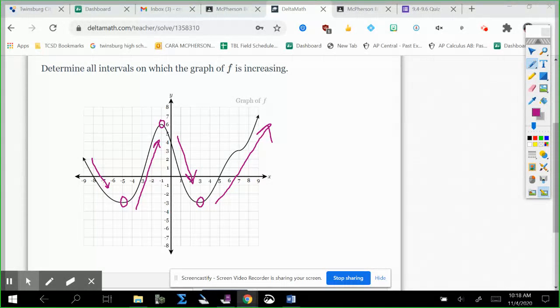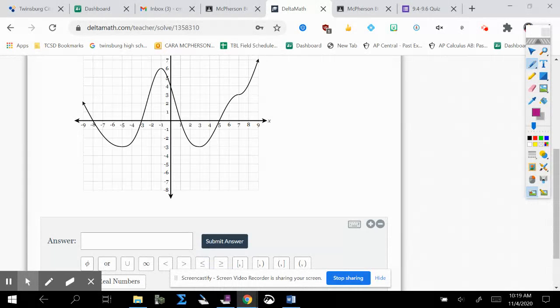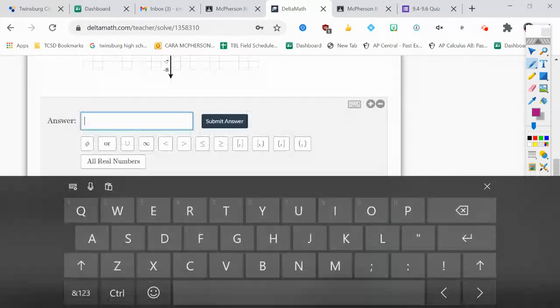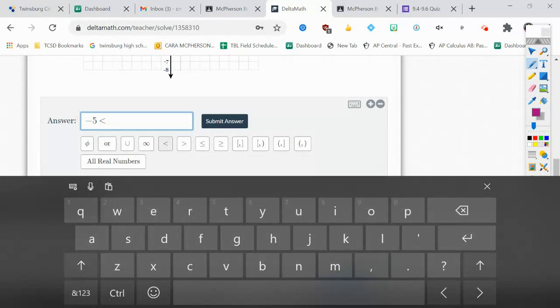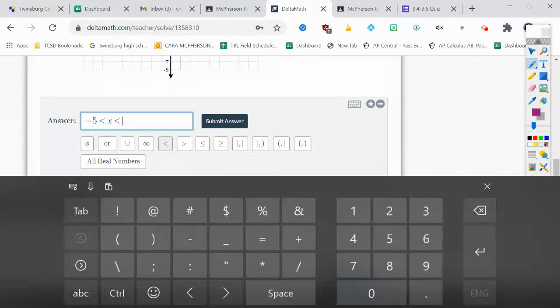So I want increasing. I want any time this graph is on its way up. And you can write it a lot of different ways. I'll show you with inequality signs this time, just so you get to see another option. And you can choose how you want to write it. So from negative 5 to negative 1, you can write it as negative 5 less than x less than negative 1.